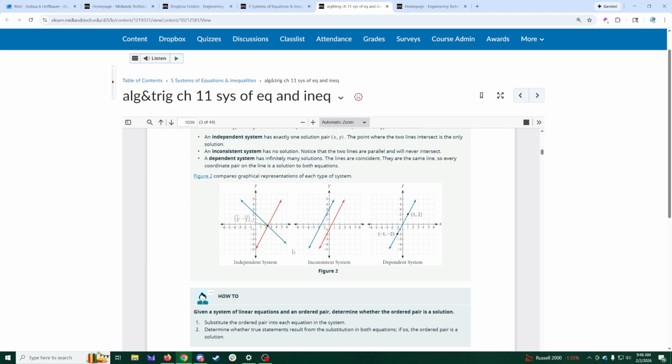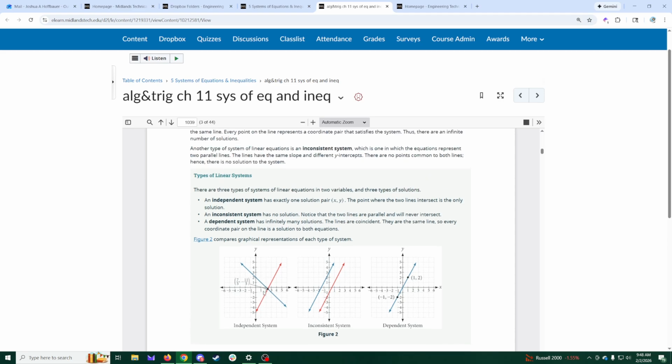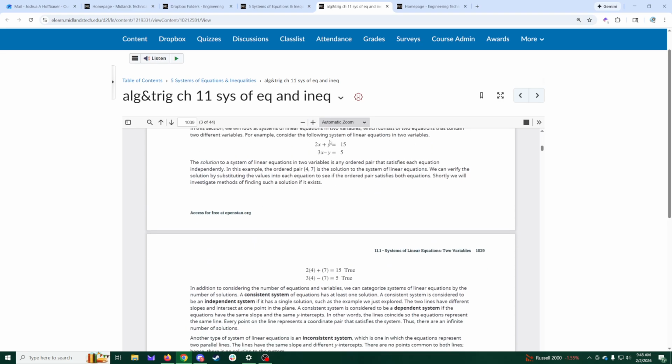Each one has their own equation. And this one spot where they cross is the solution to that system of equations, meaning that this set of coordinates is the one spot that both lines share. It's the one spot, the one pair of x's and y's, that when plugged into both equations will give you a true answer.